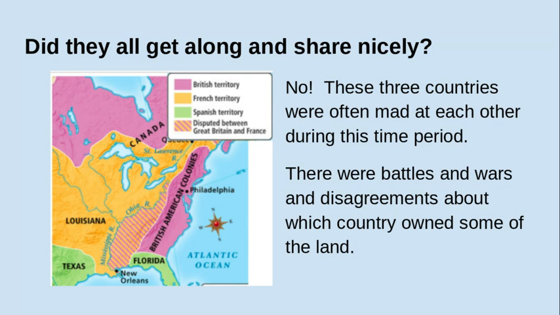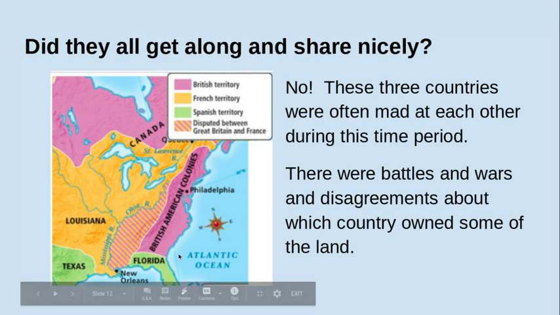So the question I put at the top is, well, did they all get along and did they share? And the answer to that is no. These three countries at this time in history were often mad at each other, and they were in lots of wars. Some of them were fought in Europe, and lots of the wars were fought here, where one group of British soldiers might attack some French soldiers. And for a long time, these three countries argued over the land.